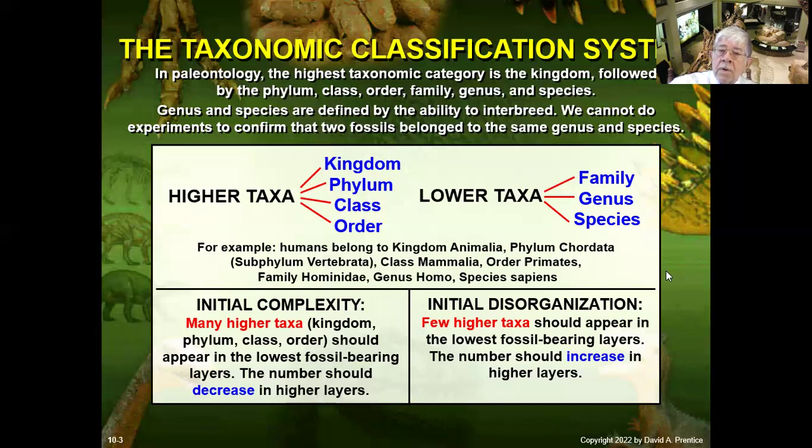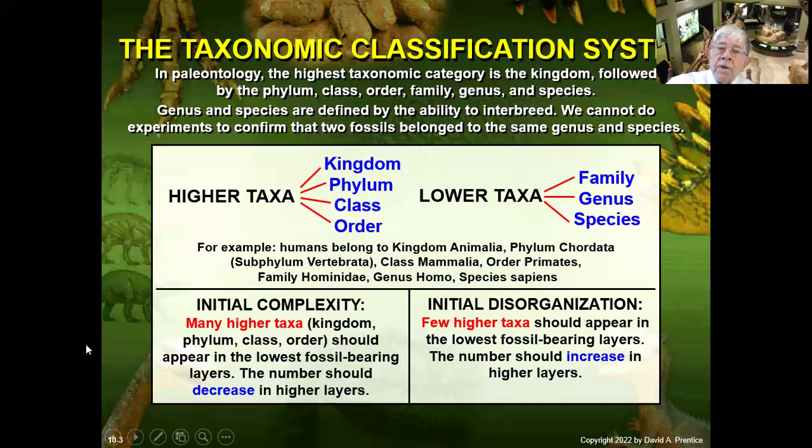So we humans, for instance, belong to kingdom Animalia, phylum Chordata, which is identified by having a segmented backbone. And so we have vertebrae. So we're part of that phylum, but we're subphylum Vertebrata. We also belong to class Mammalia, order Primates, family Hominidae. The genus is Homo, and the species is sapiens.